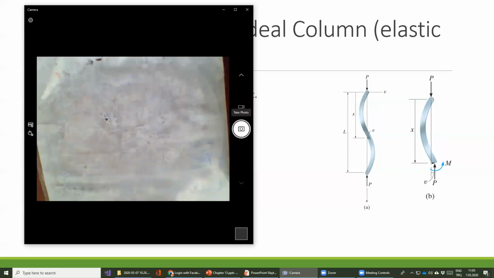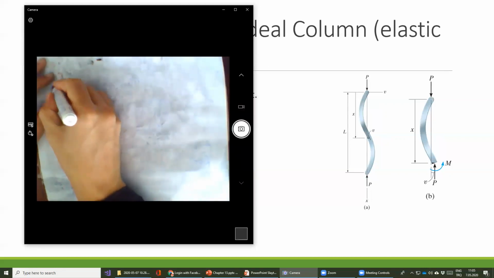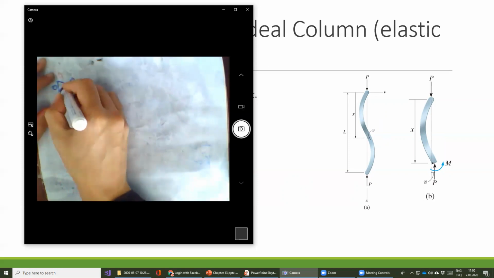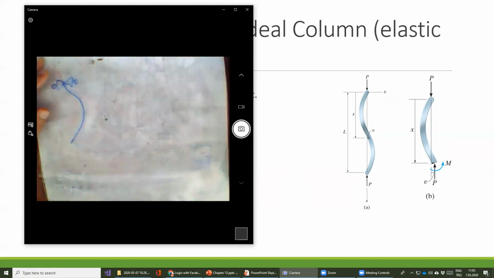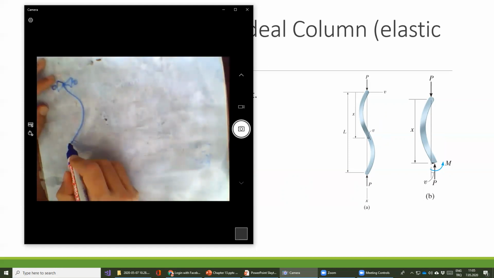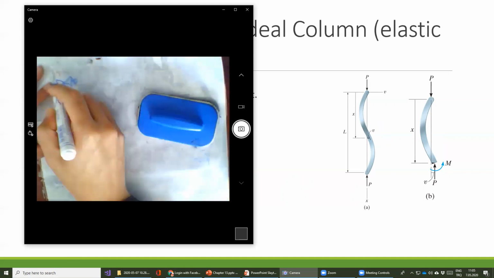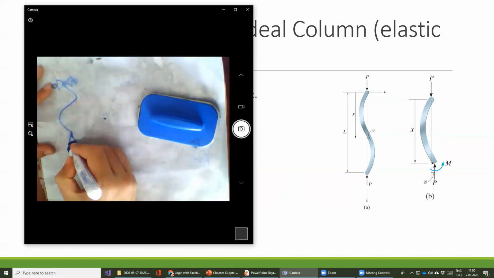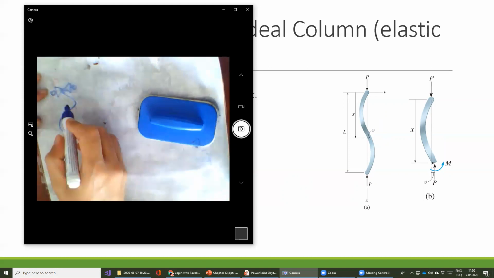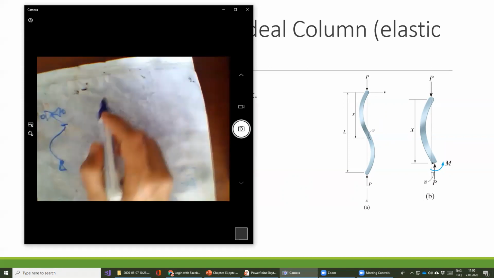For example, we have this system with a roller support, and the structure bends like this, and this is the pin support here. I want to take this point.